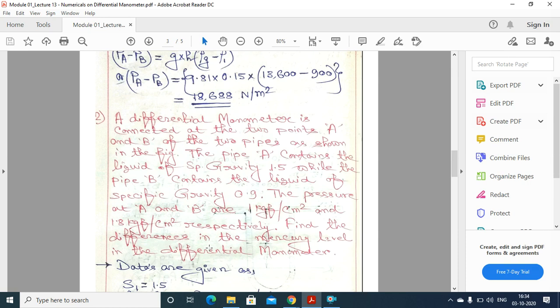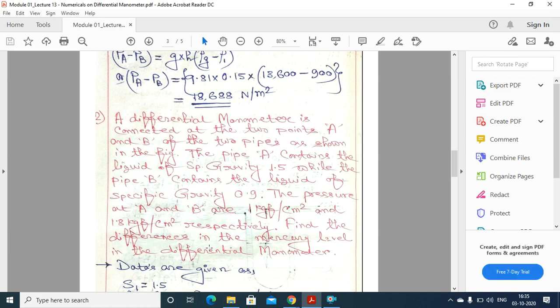The pipe A contains the liquid of specific gravity 1.5, while the pipe B contains the liquid of specific gravity 0.9.